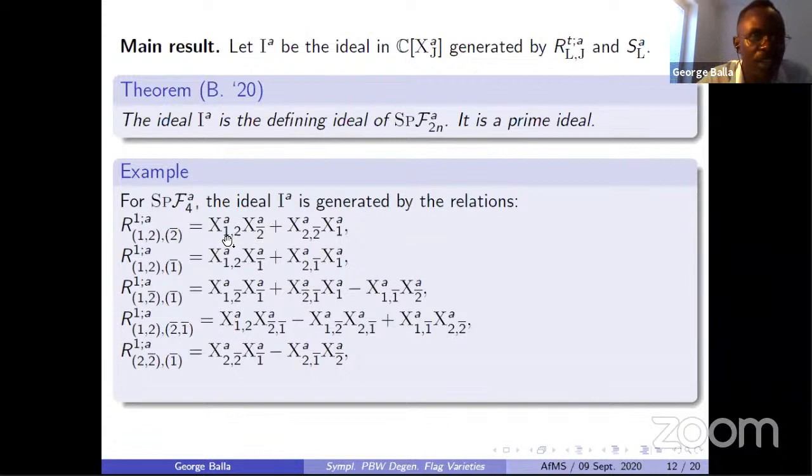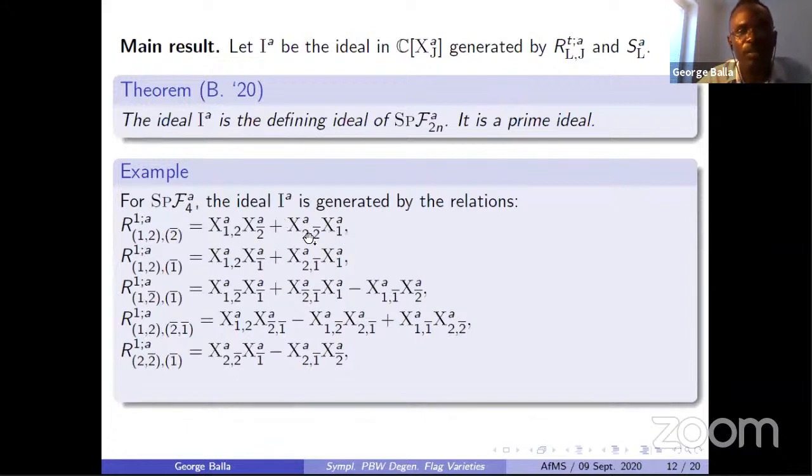The first coordinate has degree 0 because there is no element which is bigger than the length of the sequence. So the degree of this one will be 0, while the degree of this one will be 1. Likewise, the degree of the variable x2 2 bar will be 1, while the degree of x1 will be 0.